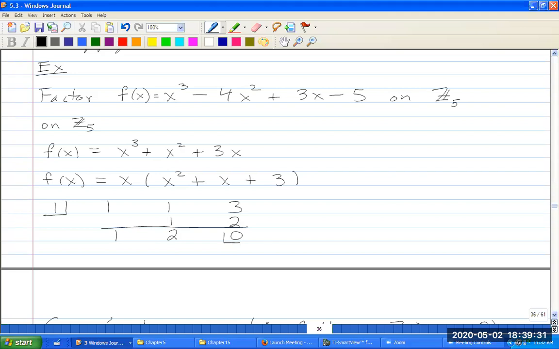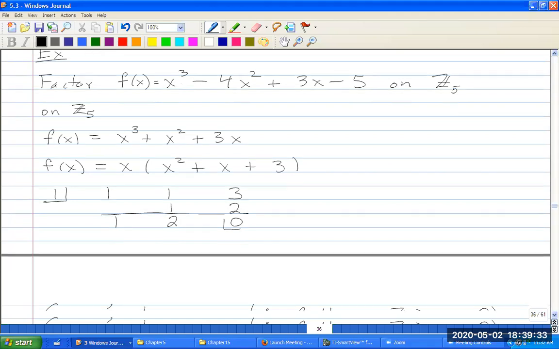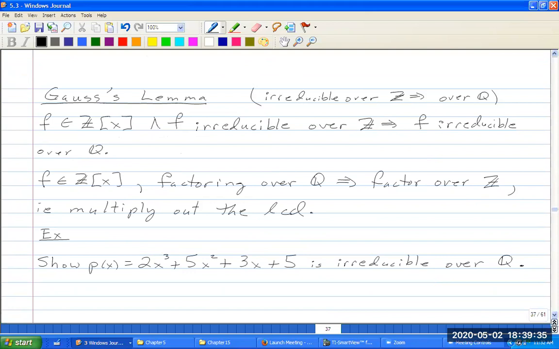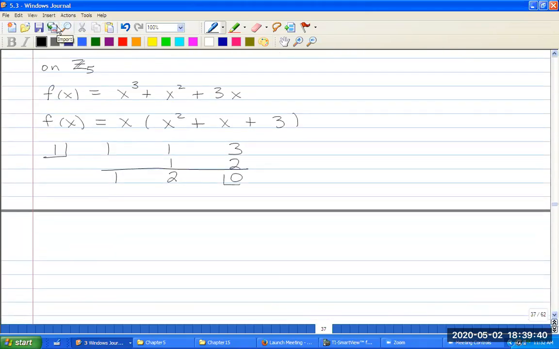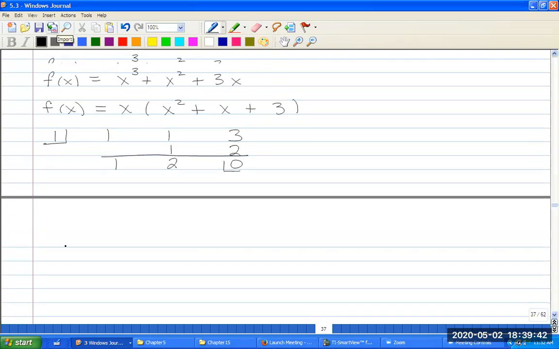Okay. So this says f of x is equal to x times the x squared plus x plus 3, which we said was x minus 1 times x plus 2.